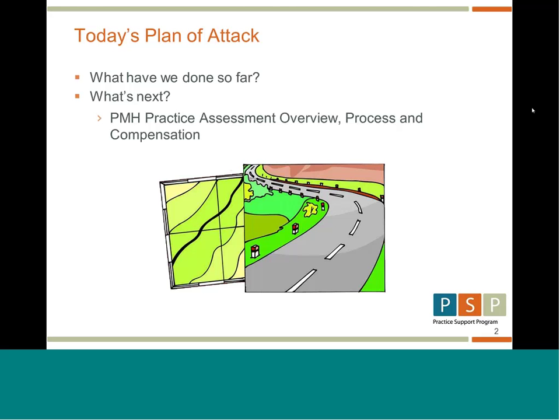When it comes to the PMH practice assessment, it's important to take a look at how the questions flow, which questions you think are important, and if there's any duplication. In parallel to this, the GPSC has formed a practice expectations task group, and they're working through the patient medical home attributes and further defining what it means for a practice to really be a patient medical home.